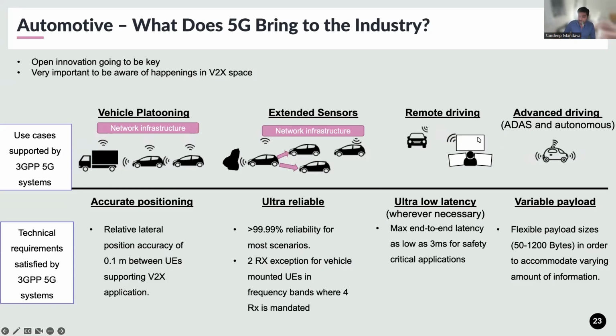And then remote driving: you sit at your home and make your vehicle drive, because you have all the information from all the sensors and live video streaming without any latency or delay, and you just play a video game, but you are actually driving a car. So these are all the possibilities with 5G in the vehicle space.